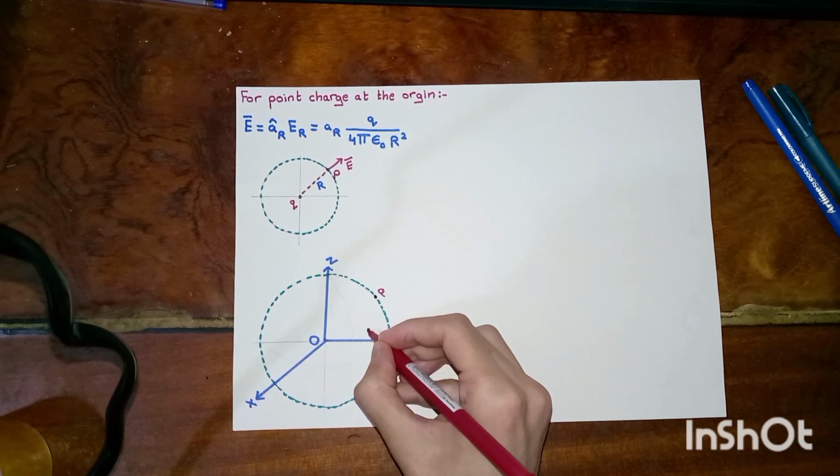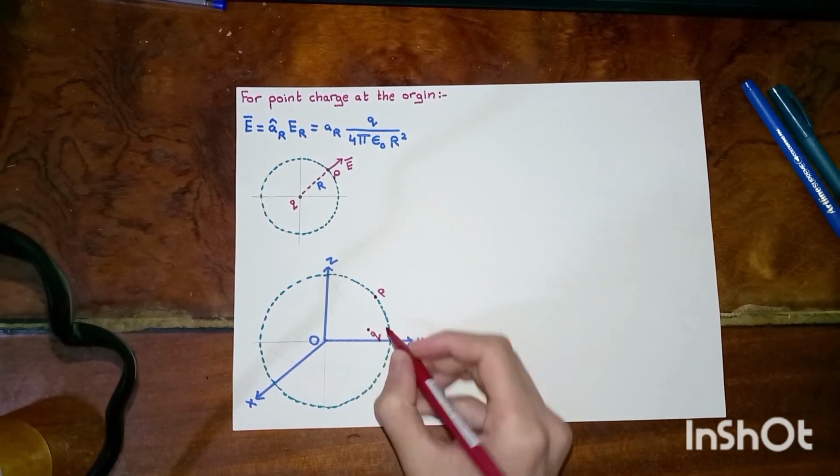Okay, so let's draw this case. We have this point Q, which is located here. It's not at the origin.